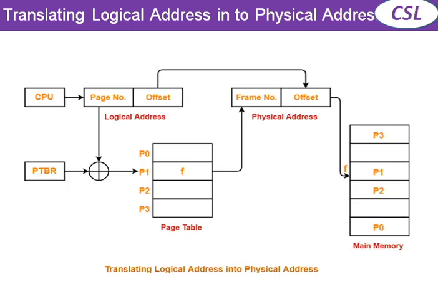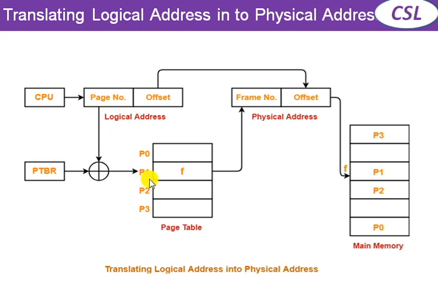Now we can easily understand with the diagram. So here this is a CPU. It generated the logical address. It consists of page number and offset. And there is a page table available. The page table consists of the frame numbers, for a particular page, the frame number. So after getting the logical address, that page number is given to the page table.